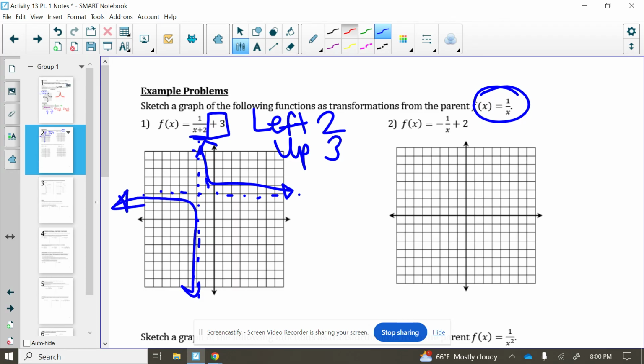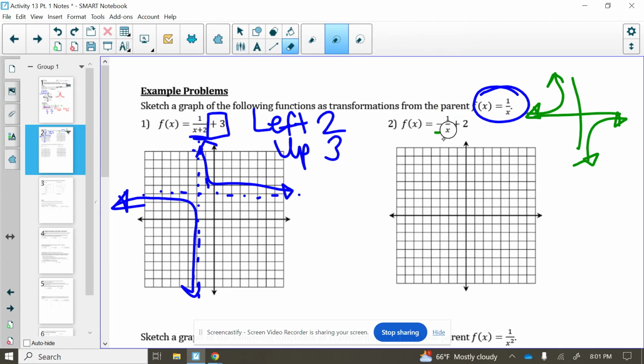In our next example, we notice we have a reflection out front there. So instead of our graph being in quadrants 1 and 3, these are going to reflect over the x-axis, and it's now going to look like it's in quadrants 2 and 4. So that's what the reflection will do.